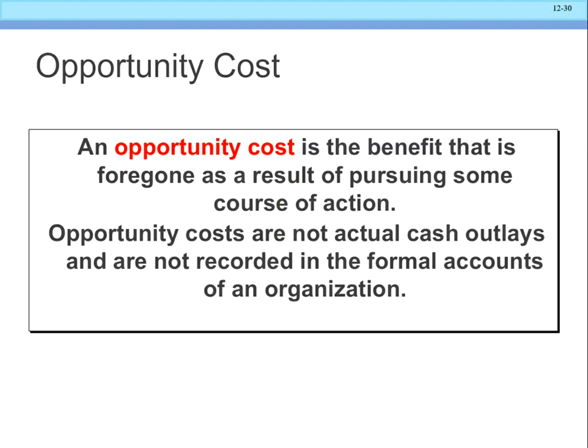If you decide to sit down and view these videos and listen to the lecture, then you're going to forgo the benefit of enjoying the movie. If you decide to enjoy the movie, you're going to also forgo the benefit of passing the course. So in everything you do, there is opportunity cost. So for decision making, we need to ensure that we include the concept of opportunity cost.